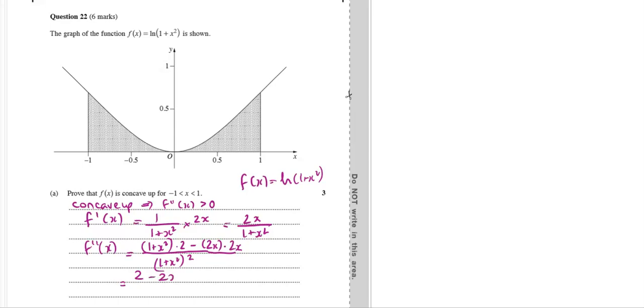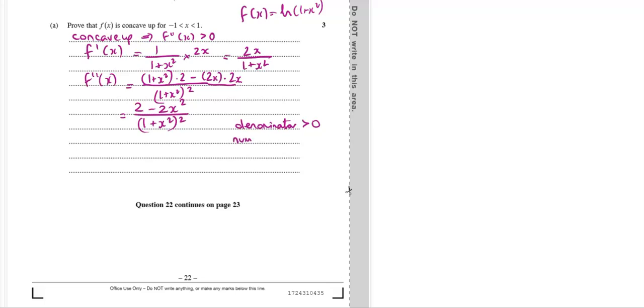So I get 2 minus 2x squared all over 1 plus x squared all squared. Okay, look, what do I notice about that? I notice that that denominator is always positive, no matter what. Let me notice the structure of the numerator.